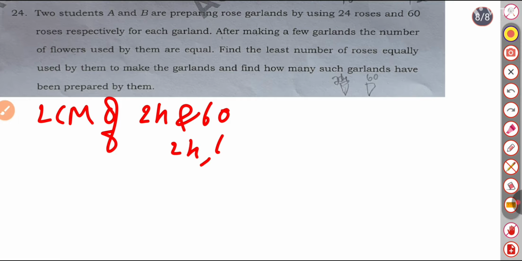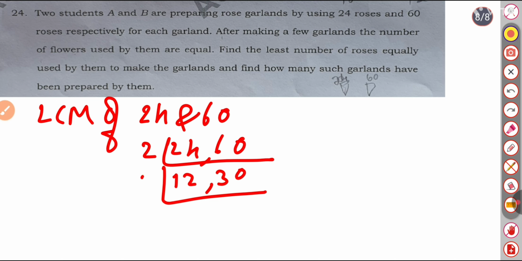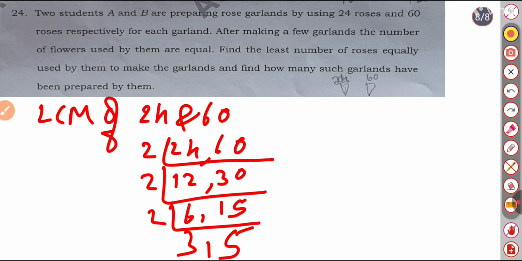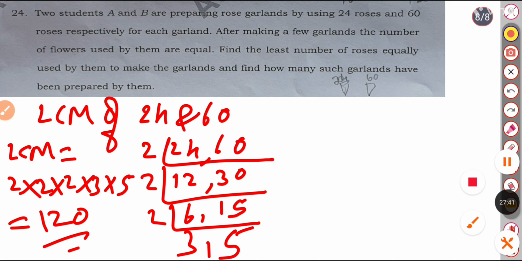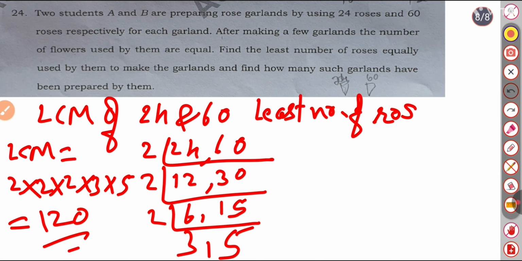Dividing by 2, then 2, then 2, then 3, then 5. So the LCM is 2 into 2 into 2 into 3 into 5, which is 120. 120 is the LCM. The least number of roses used is 120.